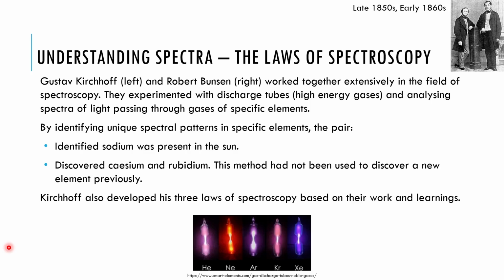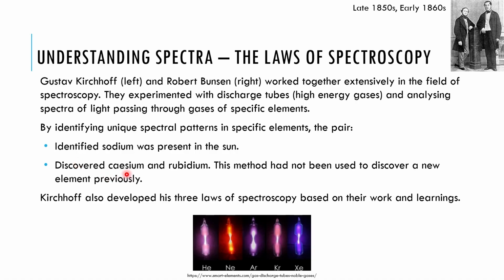The spectra of these discharge tubes are unique and are essentially a fingerprint which can be used to identify the gas present inside the tube. By identifying the spectral lines of sodium in particular, they were able to see within the spectrum of the sun that sodium was an element present within the sun. They were also able to identify cesium and rubidium by their spectra.